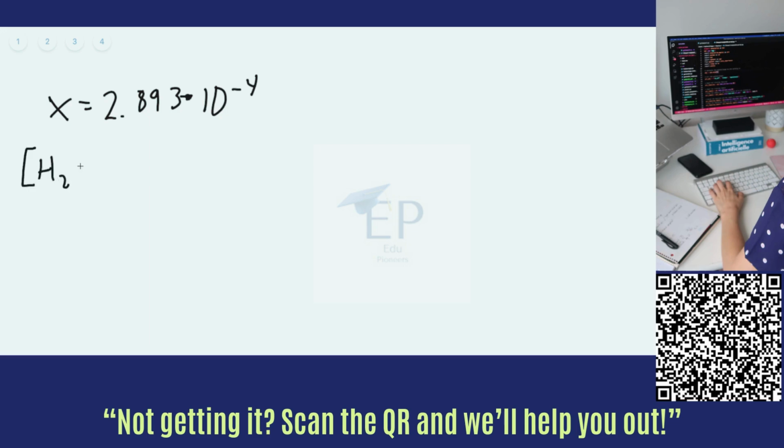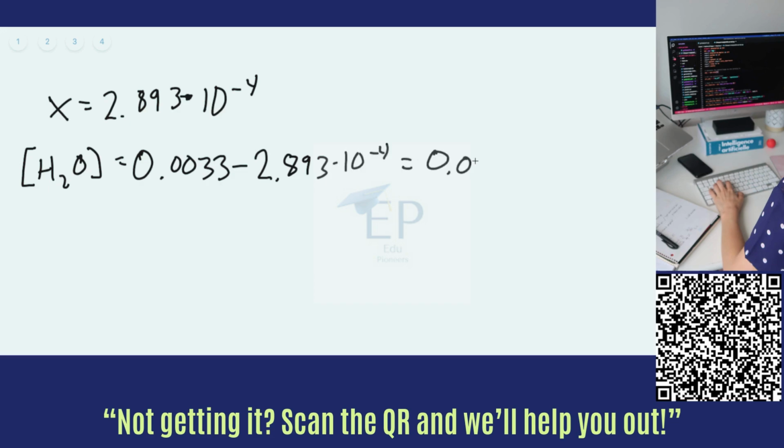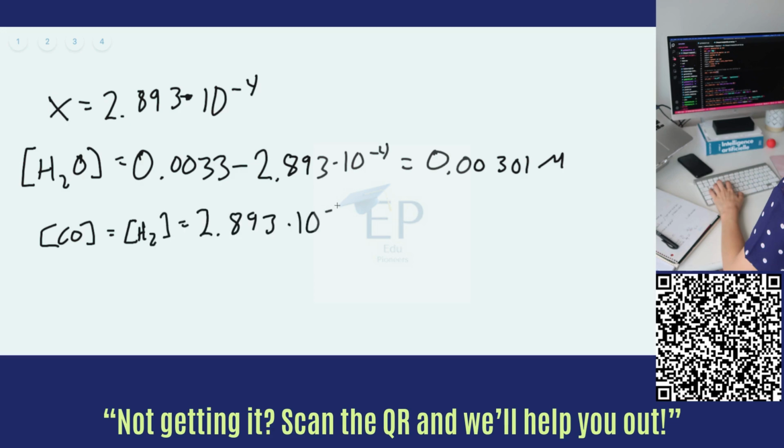And so our concentration of H2O at equilibrium is 0.0033 minus X, so minus 2.893 times 10 to the minus fourth. And therefore it is 0.00301. Our concentration of CO is equal to our concentration of H2, which is equal to our X, 2.893 times 10 to the minus fourth.